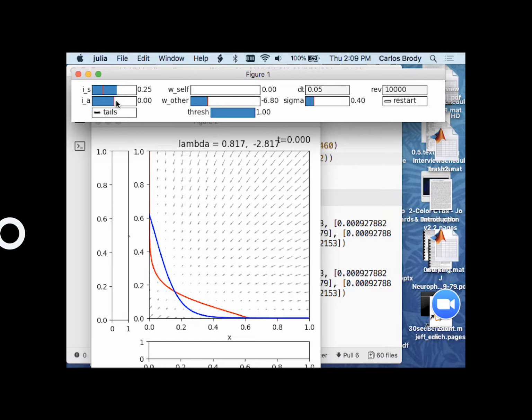Right now the asymmetric input is set to 0, so all I did was increase the common input a little bit. And what you can see is that if there's very little input to both neurons, if there's very little excitation, then the circuit doesn't do anything, right? There's nothing driving it. And if you can see the arrows, they're all coming down here. There's a single fixed point, and it turns out to be a stable one.